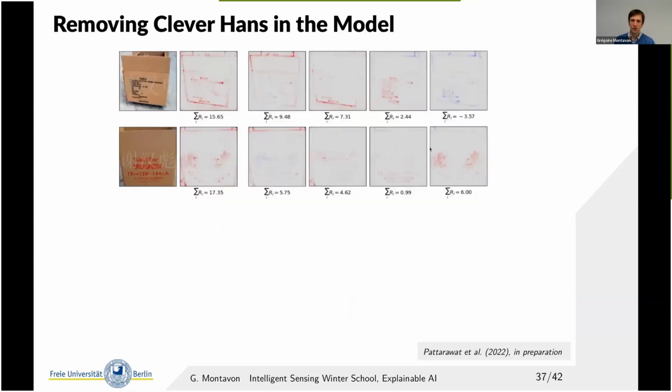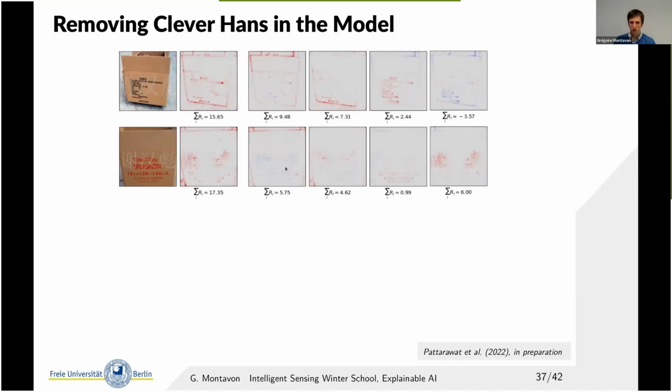Then we look again at the Clever Hans scenario with this approach. Here we look, for example, at a class of ImageNet which is also known to have watermarks. We compute explanations for different concepts on this watermark and cartoon class example.